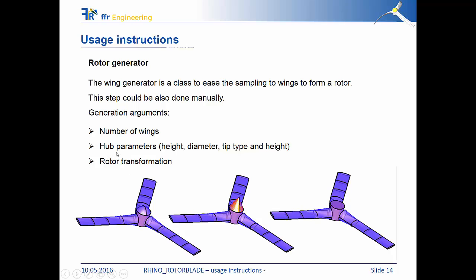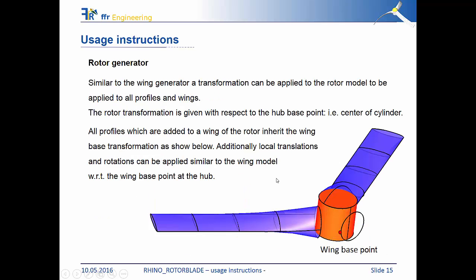There are two other parameters, the hub parameters: the hub height, the hub diameter, and also the type of the topping. Is it rounded, or is it a pointy tip, or is there no topping at all? And like this you can automatically generate this hub model as well by using the rotor generator.